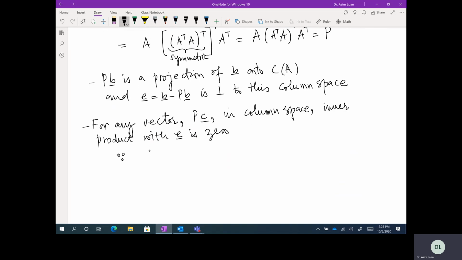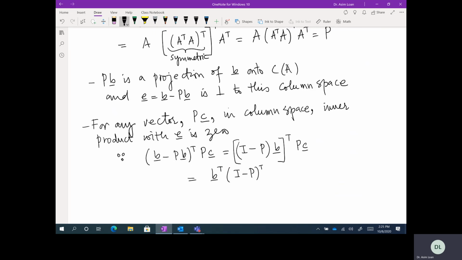Why? Because (B minus PB) transpose into PC is simply equal to ((I minus P) B) whole transpose into P into C, which is equal to B transpose into (I minus P) transpose, which is same as I minus P, into P into C, which is equal to B transpose into (P minus P squared) into C, which is equal to 0.